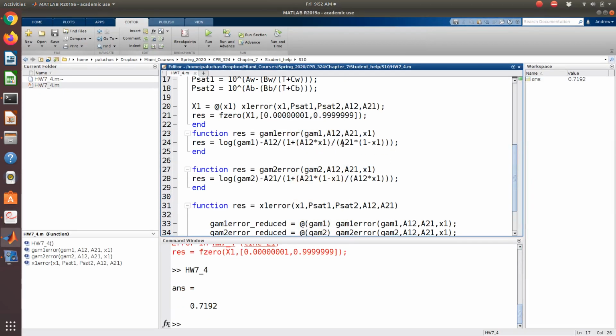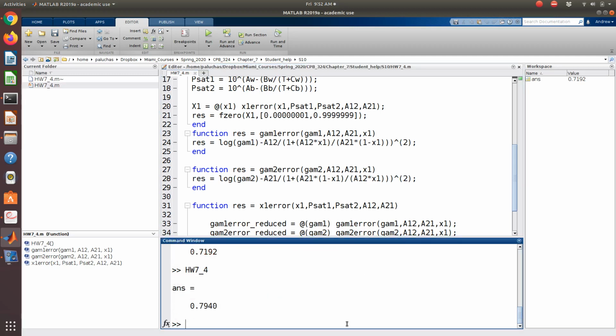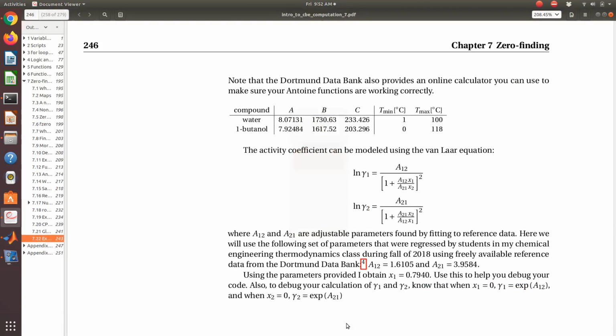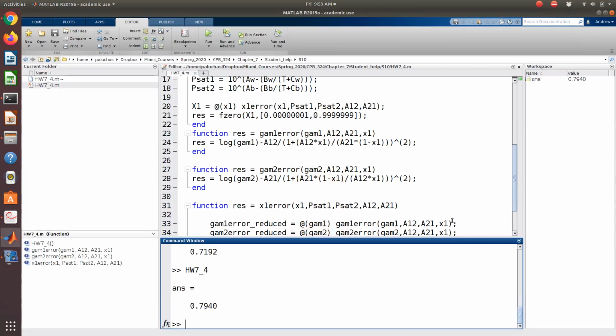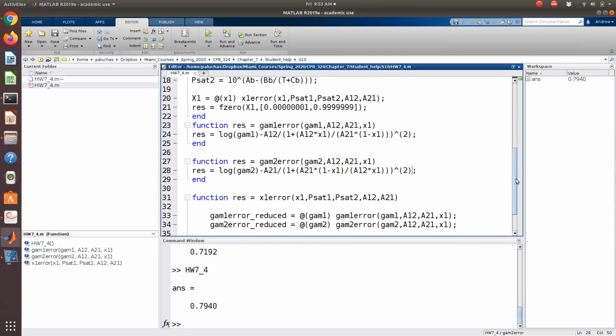So this whole term has to be squared. So that's that parenthesis. So we square that, and let's just assume for now this is the same. Let's see if that fixes it. 7940. Hey, 7940. That's the correct answer. Okay, so we got it.